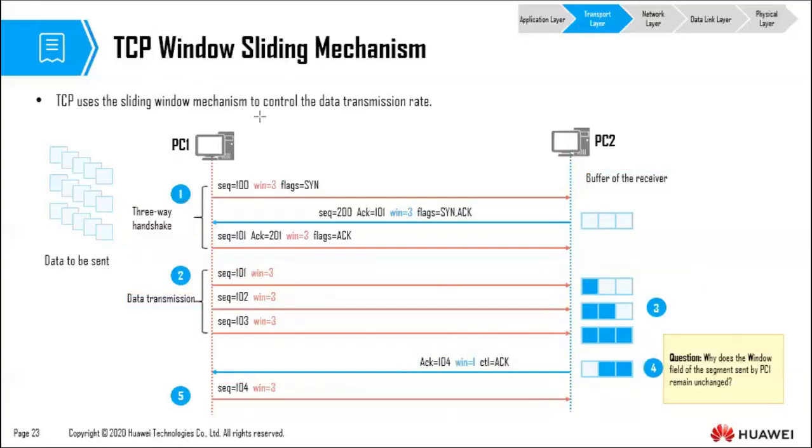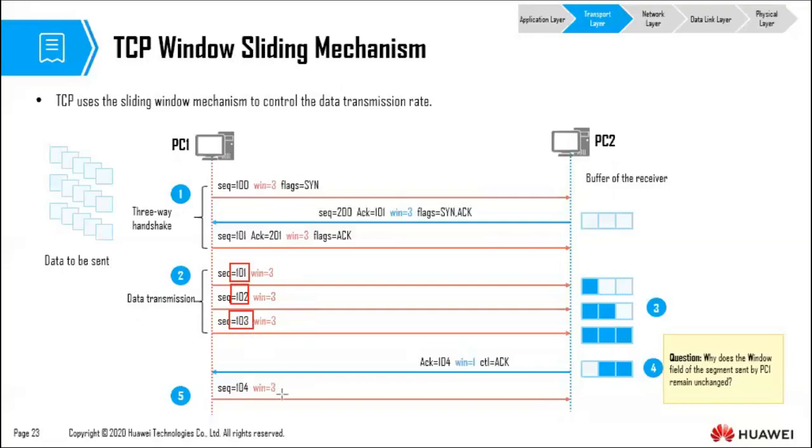Hello, teacher. Yes, please ask. Where is the 104 coming from? Because you said it is a 3-way sequence. Sorry, I didn't get you clearly. I'm asking where the 104 is coming from. Oh, okay. 104 is coming from here. The sender, in this case PC1, has sent 101, 102, 103.